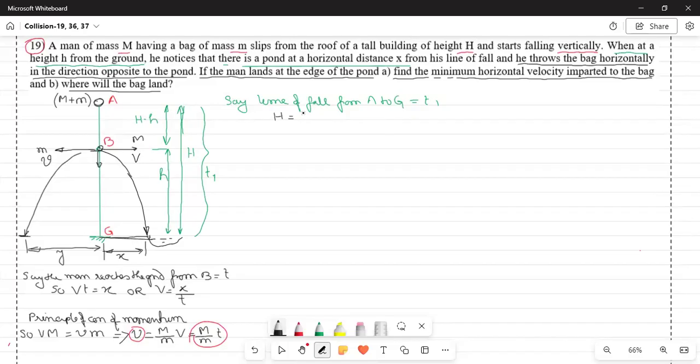The u is 0 because the man started falling from rest, so h equals half g t1 square. From here we get T1 is equal to under root 2h by g.